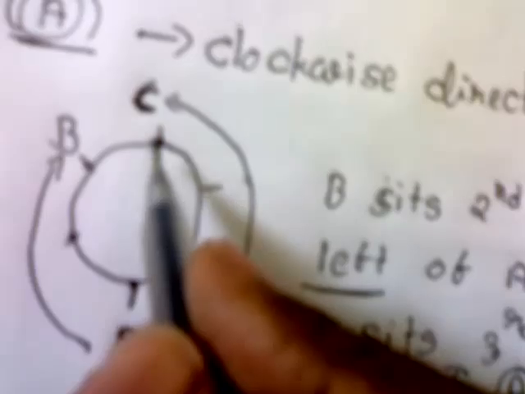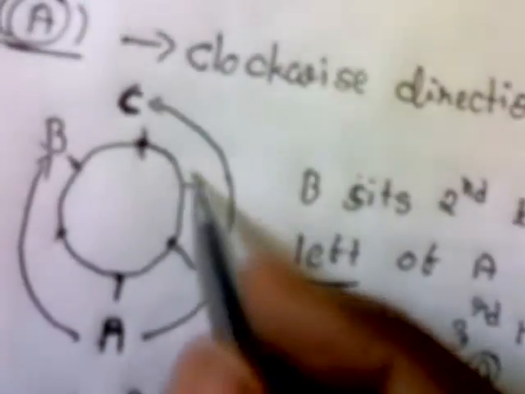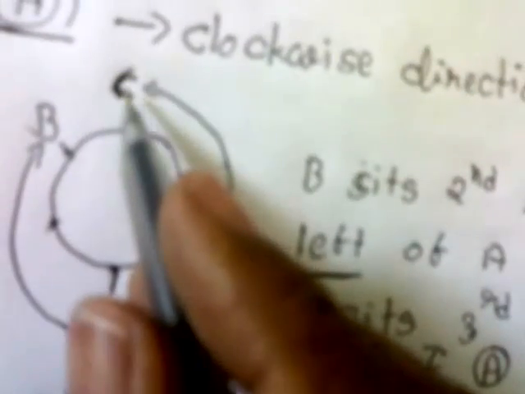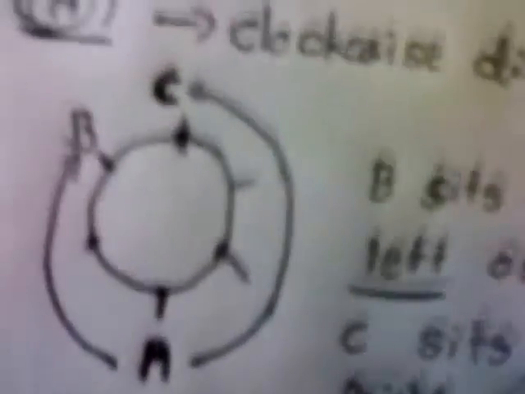This is the third spot in anti-clockwise, 1 2 and 3. So it says C sits third to the right of A. I hope you get the direction concept.